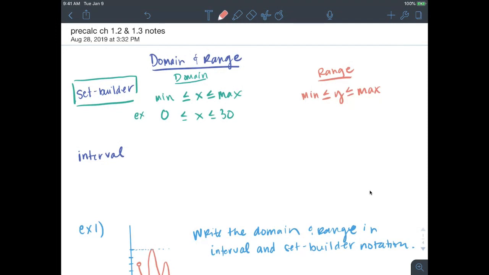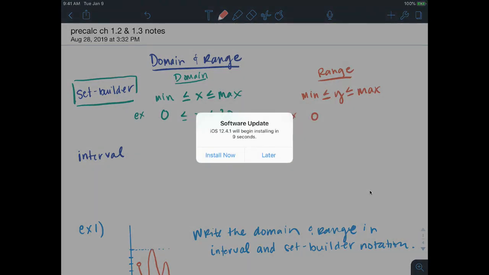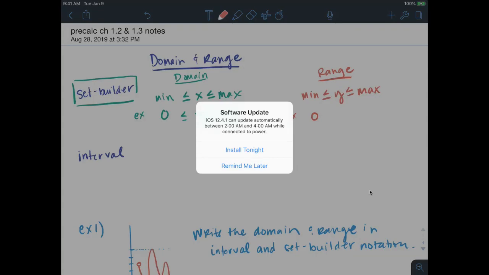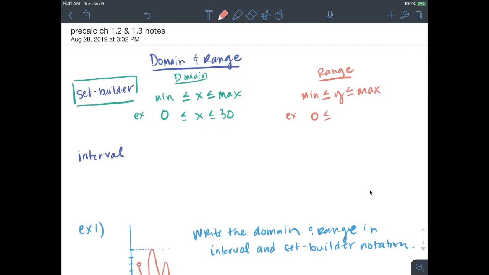So what y values can I use? In basic student budget, I'm going to say it was between $0 and, I think our max was, $225. So this is written in set builder notation.